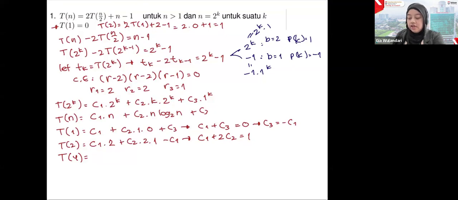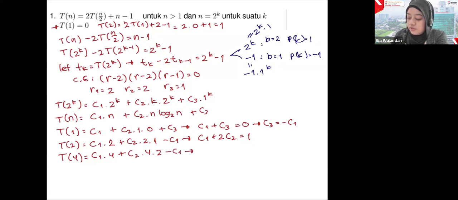So for T4, here we have C1 times 4 plus C2 times 4 times log 4 base 2, it means 2, plus C3, where C3 is equals to minus C1.